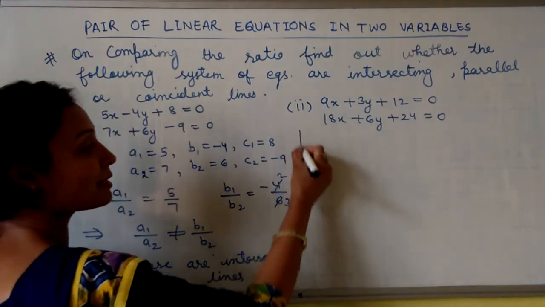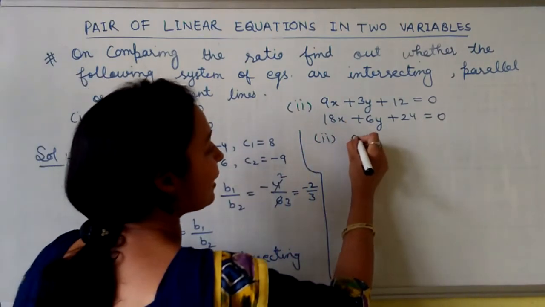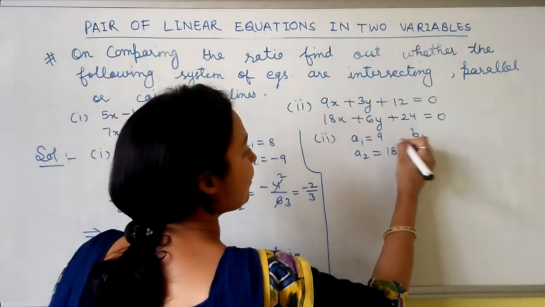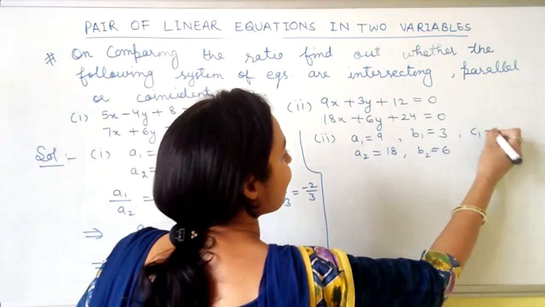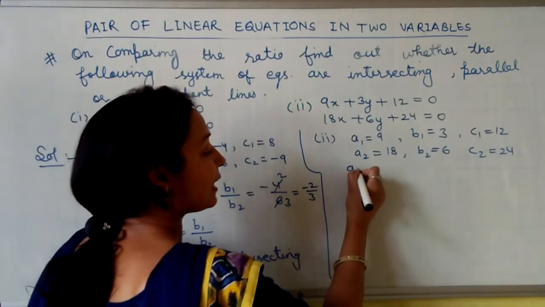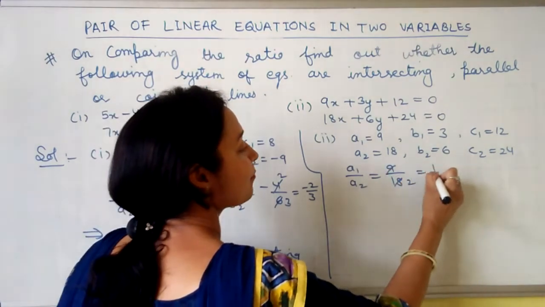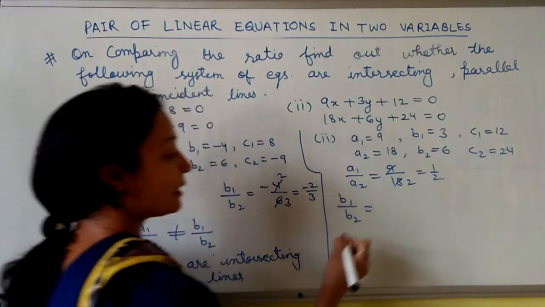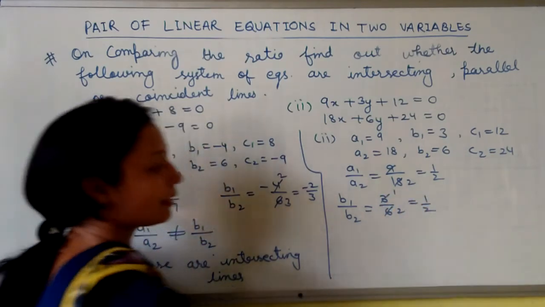Now come to the second question. In the second question we have A1 equals to 9, A2 equals to 18, B1 equals to 3 and B2 equals to 6, C1 equals to 12, C2 equals to 24, right? I will check A1 upon A2, that is 9 by 18. After cancellation we get 1 by 2. Now B1 upon B2, that is 3 by 6, after cancellation 1 by 2 again.